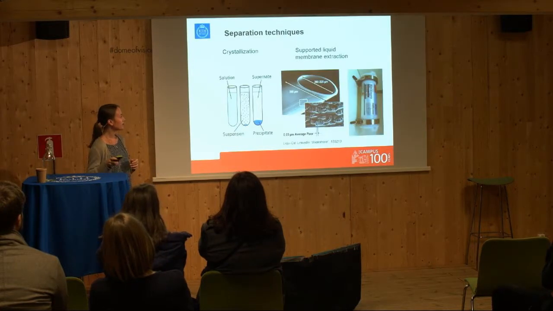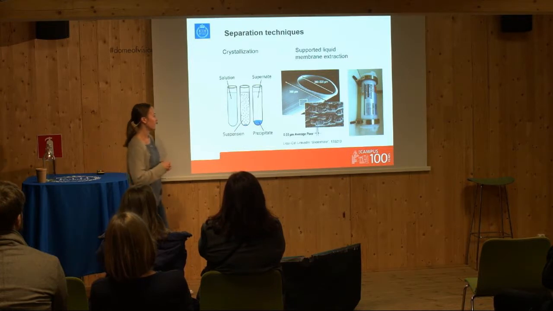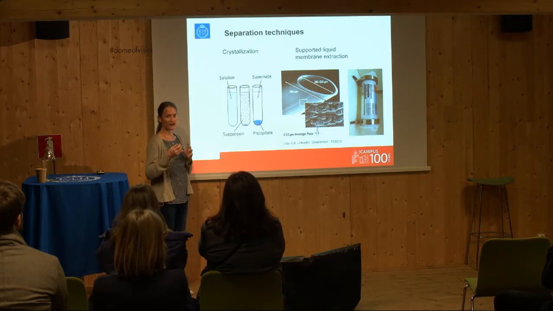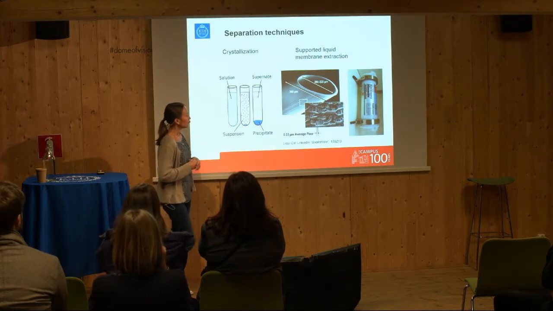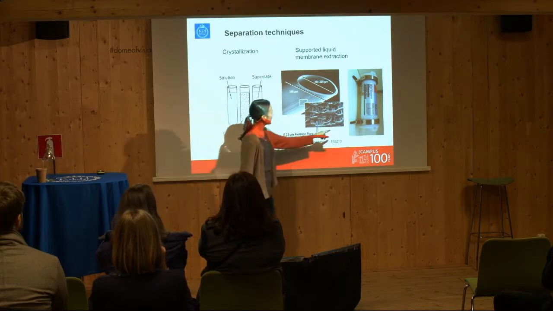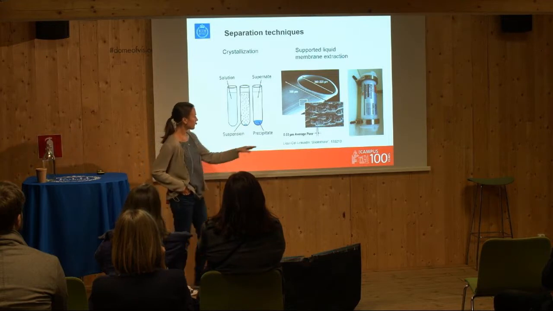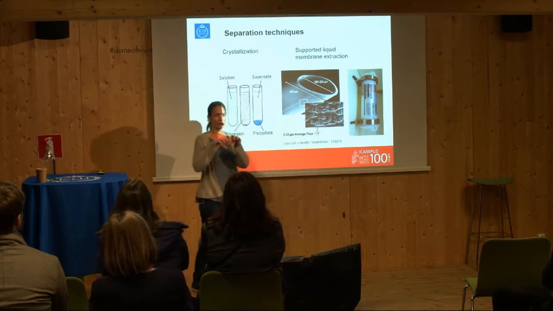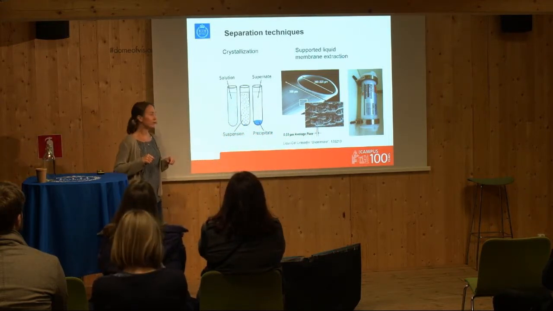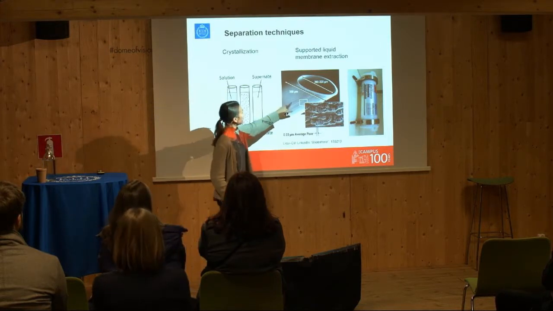But in industry, you would like to have more surface area in contact with each other. So you could use instead these kind of hollow fiber membranes. So this unit here contains a whole bundle of very thin hollow fibers. And each hollow fiber looks like this.